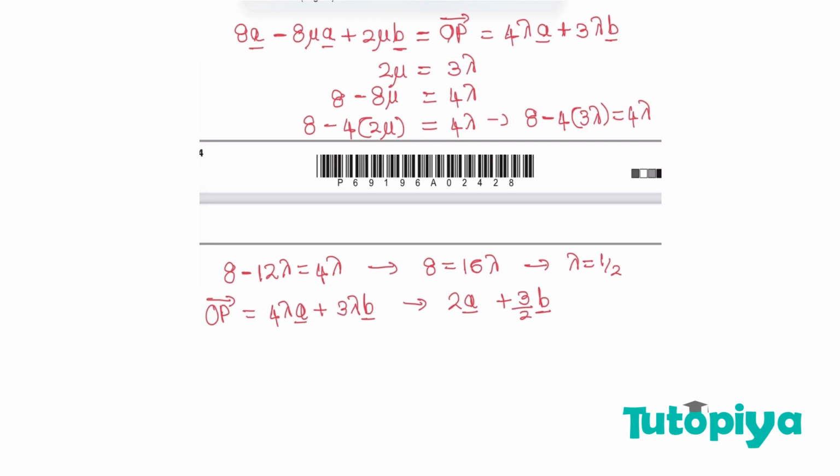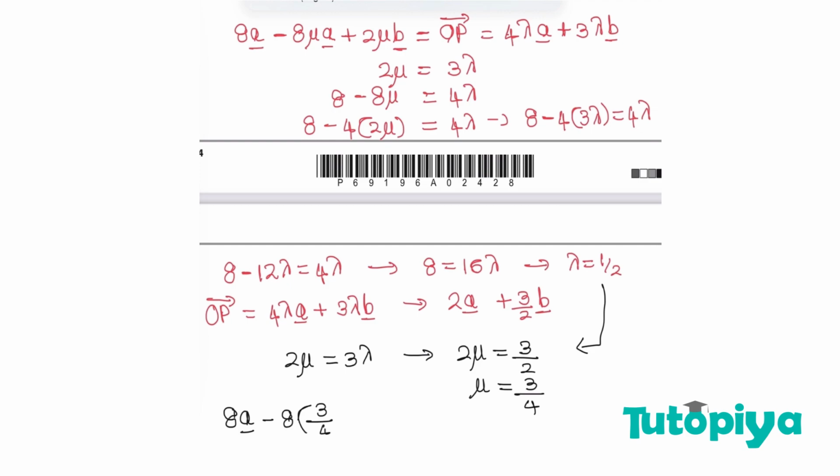If I want to double check, what I can also do is, now that I have calculated the value of lambda and I know that 2 mu is equal to 3 lambda, then using this expression I can find out what is the value of mu. So, mu is coming down to 3/4. If I take that I can also substitute into the other expression, right.